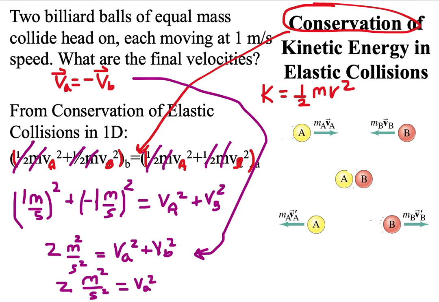And we know VB is equal to minus VA. So if we have VB squared, we're just adding on another VA squared. So we're just substituting in.